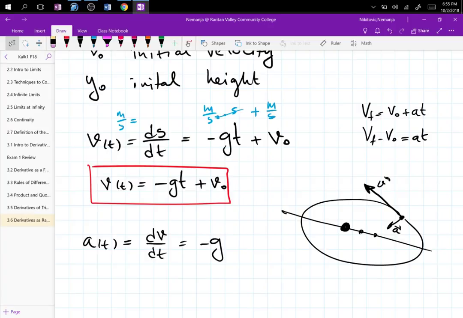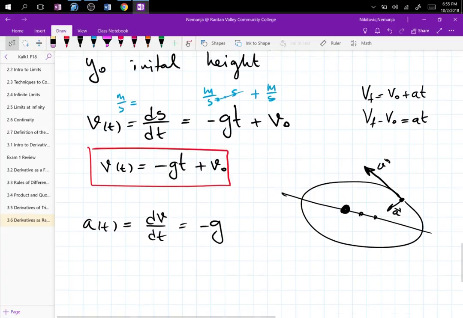So gravity, acceleration of gravity, is what actually keeps the orbit. You can put satellites up, you have the moon around the planet and all of that kind of stuff. So now, for parabolic motion, we have that a of t is equal to negative g.